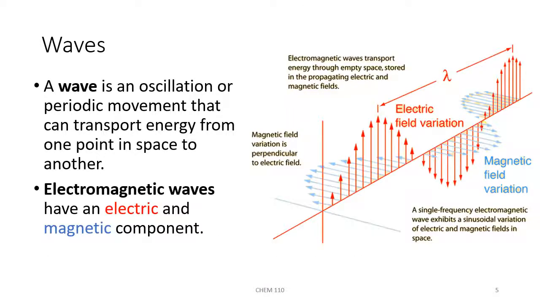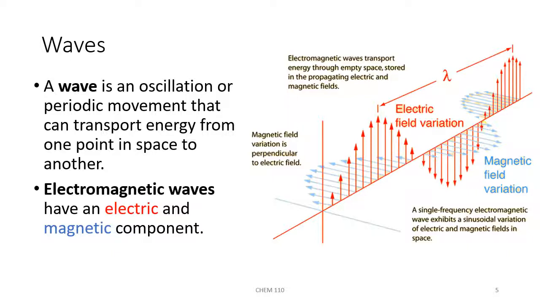Since electromagnetic radiation propagates as a wave, we need to understand some of the basic properties of waves. A wave is an oscillation or movement that can transport energy from one point in space to another. Electromagnetic radiation has two components. There's an electric component and a magnetic component, and both of them are perpendicular to one another.